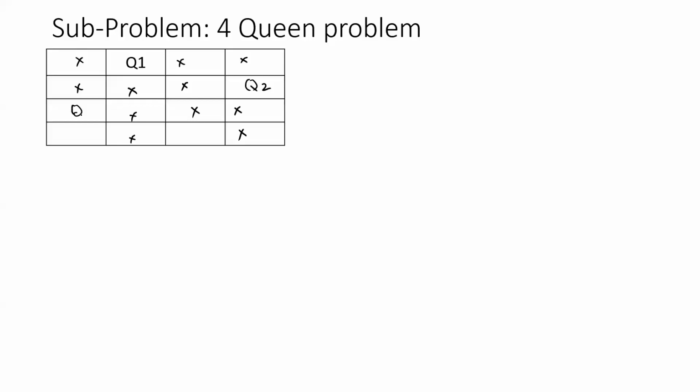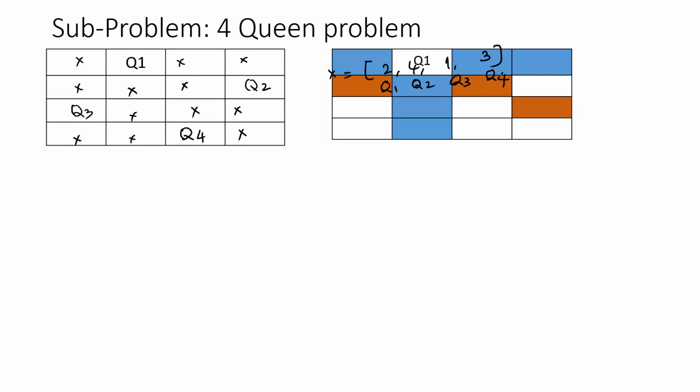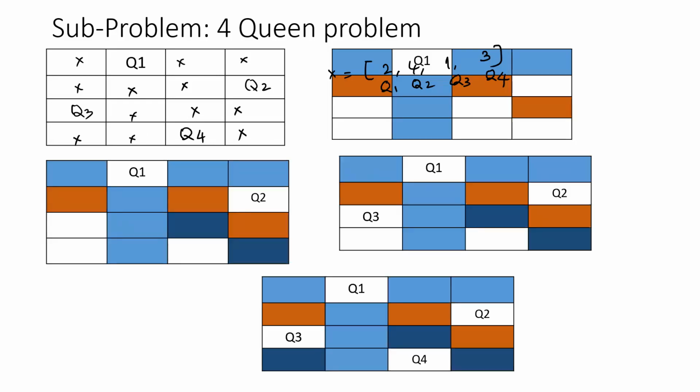So I can place Q3 here, and then I can place Q4 here. So my solution X becomes 2, 4, 1 and 3, which is Q1, Q2, Q3, and Q4. This is how the solution looks.